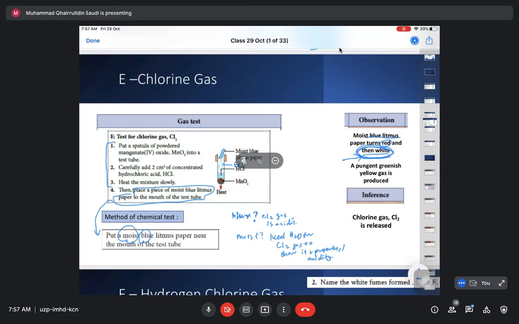Apa? Do you need a clue? Yes, okay, the clue is we use chlorine in Clorox. So, apa properties of chlorine yang ada dalam Clorox?